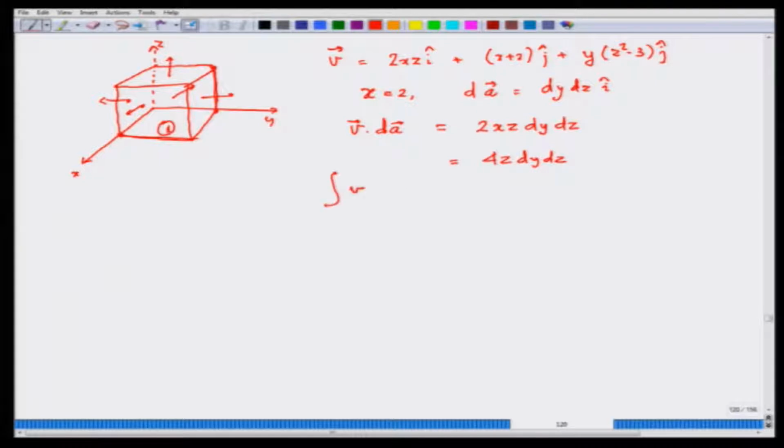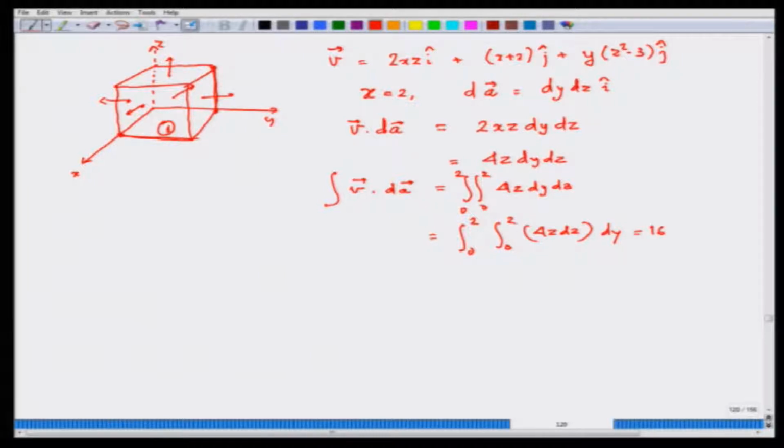So we are basically having a double integral of 4z dy dz, which we can write as dz dy by Fubini, and it will ultimately come out to be 16 in this case.